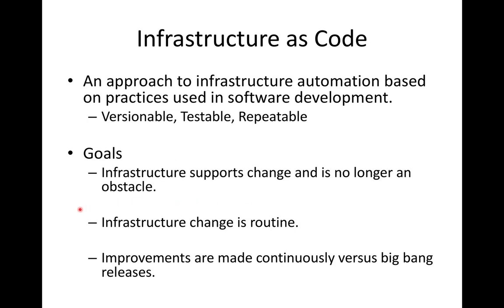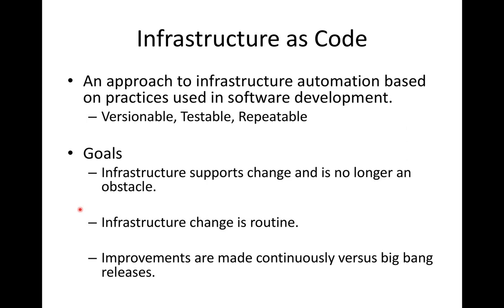The goals of infrastructure as code are that it allows us to change our environment very, very easily and very quickly, and change is no longer an obstacle within our IT organization.